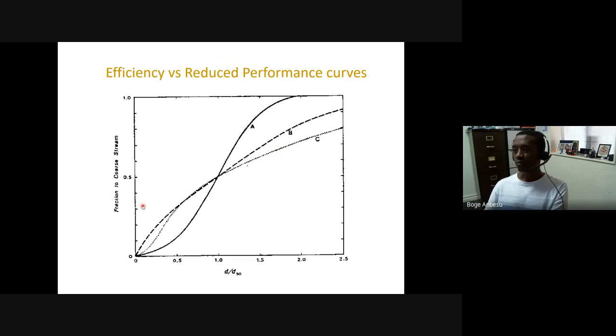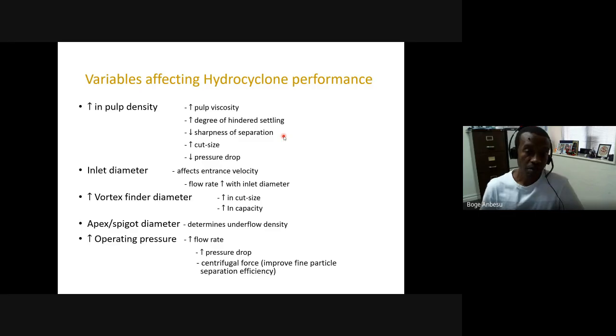And constructing efficiency versus, for example, reduced performance curves can give you a comparison of different types of cyclones or different operations at different particle size distributions. And based on the shape of the curve, you can actually tell whether the cyclone is working at an efficient rate or not. So this can be done in a typical plant, by having a standard and comparing it with the standard on a daily basis or on a weekly basis to see how it performs.